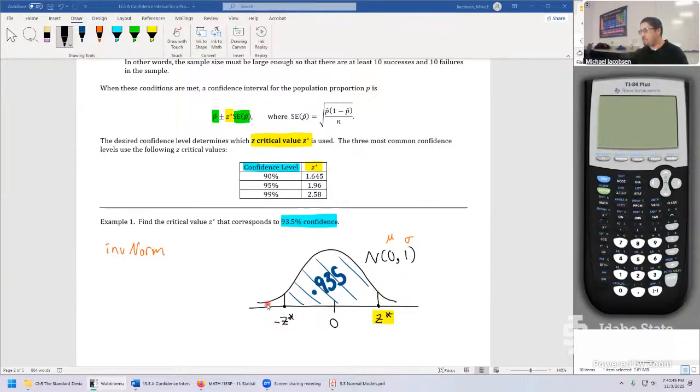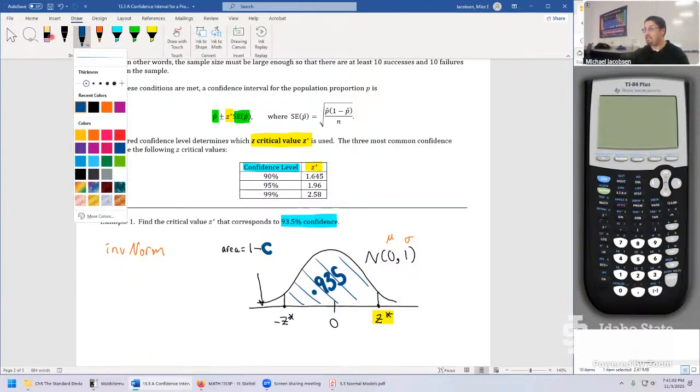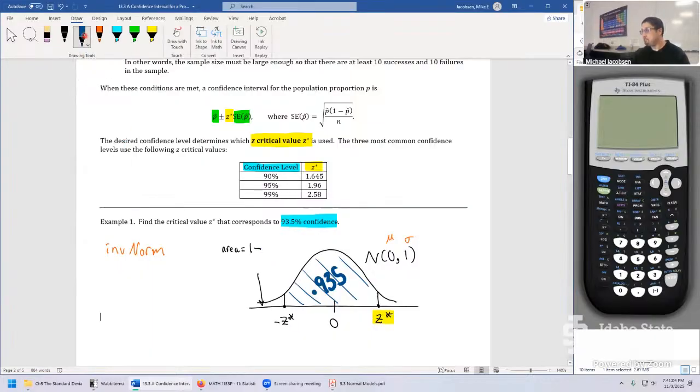So the area that goes here is found by this formula. It's 1 minus whatever the confidence level C comes out as, divide by 2. The reason it's divide by 2 is we have the confidence inside here.